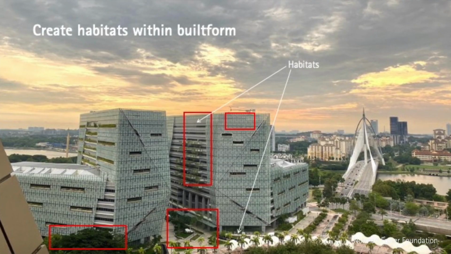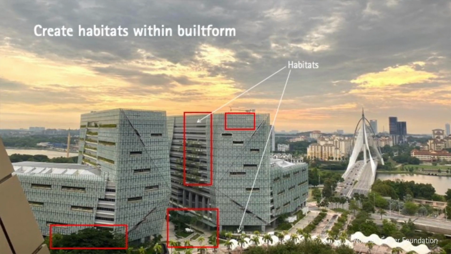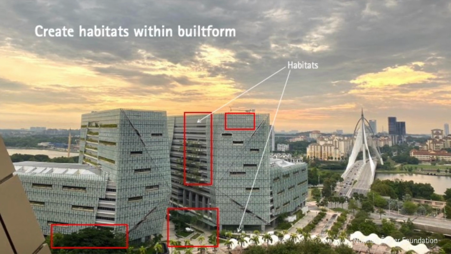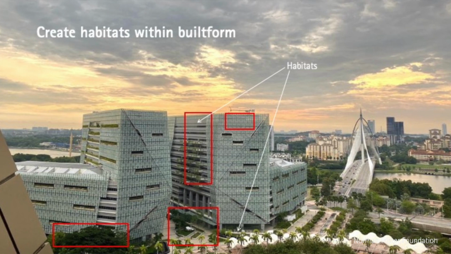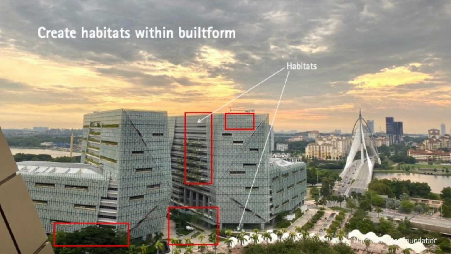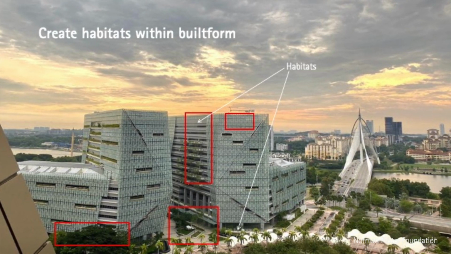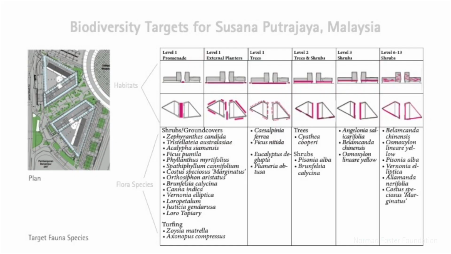This is a project that we completed a few years back, and this is to illustrate how we design for biodiversity. The squares illustrate the different habitats we put into the building. If we map out all the habitats, the red areas illustrate the habitats in this project. And so we prepare what we call a biodiversity matrix, which is this diagram.